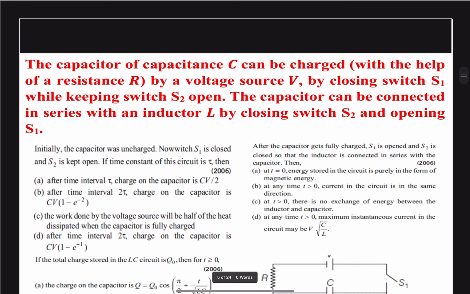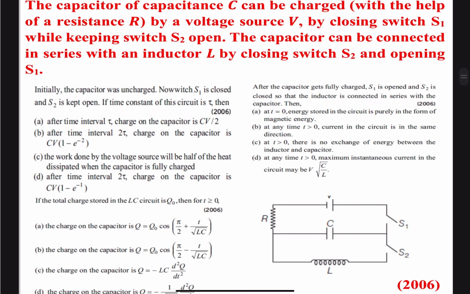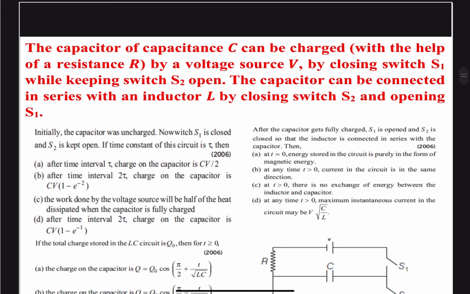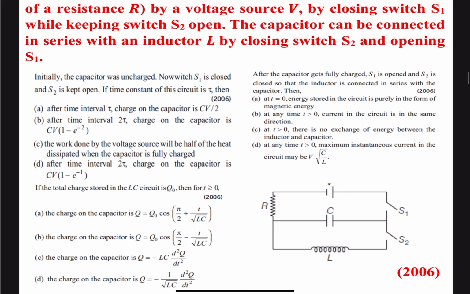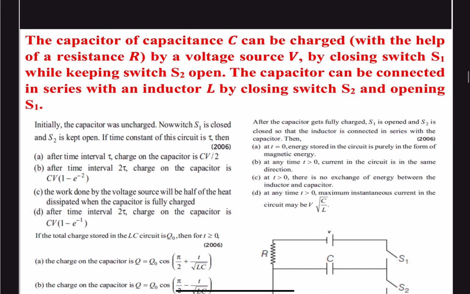In the next question, it has 3 sub questions, and it was asked in the year 2006. And it says that a capacitor of capacitance C can be charged with the help of resistance R by a voltage source V by closing a switch S1 while keeping switch S2 open.